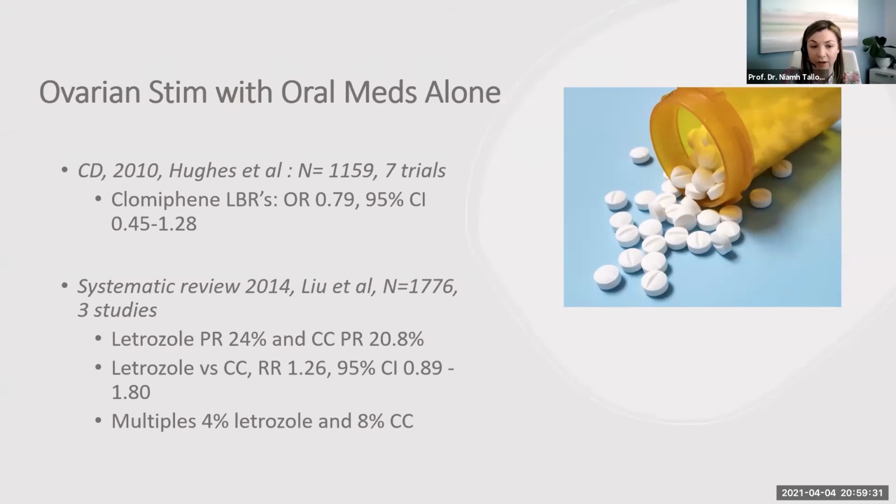And then in systematic reviews, same thing when comparing letrozole to Clomid on their own in unexplained infertility. You see pretty reasonable pregnancy rates in these numbers, but again, letrozole versus Clomid showed no difference in outcome, because it's not statistically significant based on those confidence intervals.